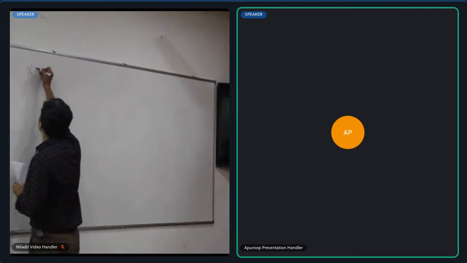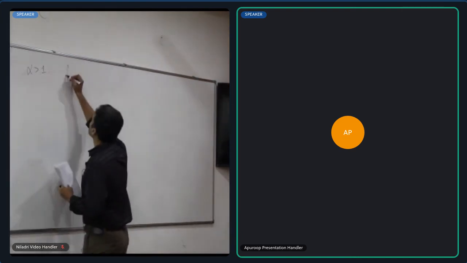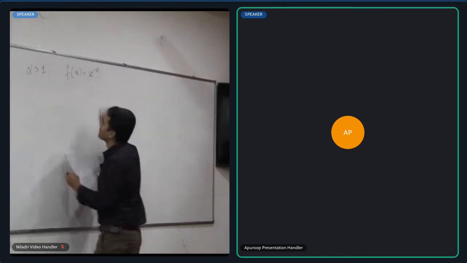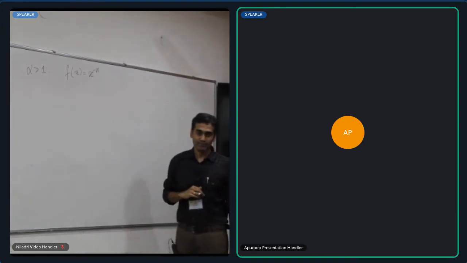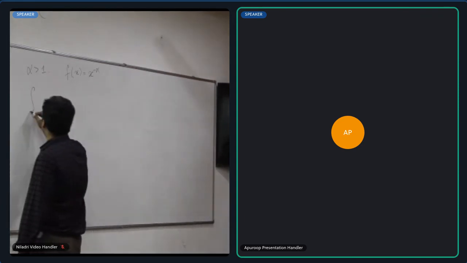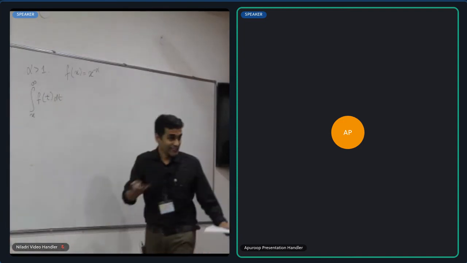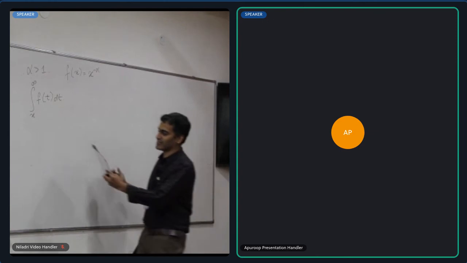So suppose that alpha is greater than 1 and define f of x to be x raised to minus alpha. So exact power law. Now, what is the integral from x to infinity of f of t dt? We have all done this, so you guys are going to be faster than me at this.